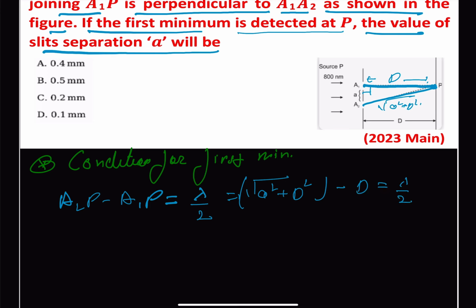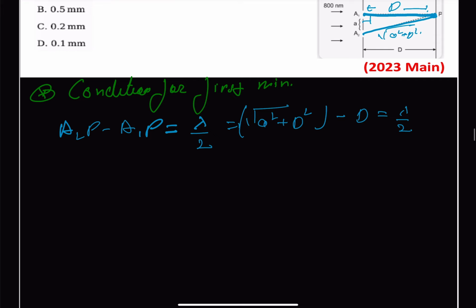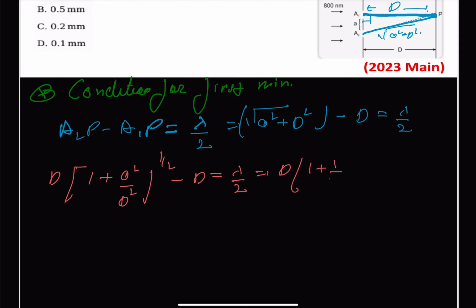and we can use a binomial theorem to sort it out, and we can write it as, taking D as common, we are left with D times (1 plus a square by D square) to the power 1 by 2 minus D is equal to lambda by 2. This gives us D times (1 plus 1 by 2 a square by D square), neglecting the higher order terms, minus D is equal to lambda by 2.